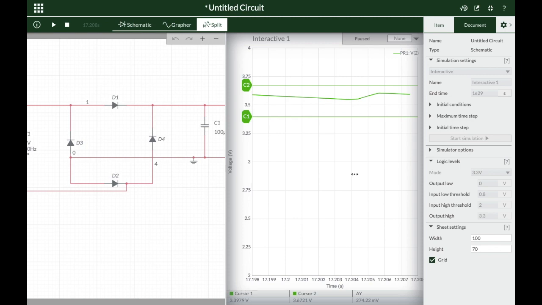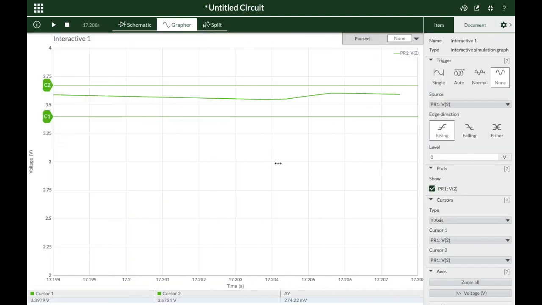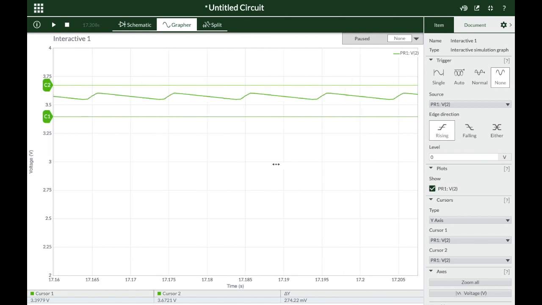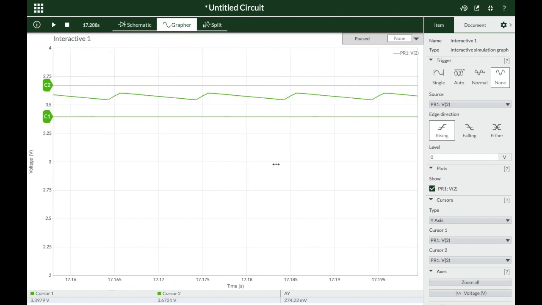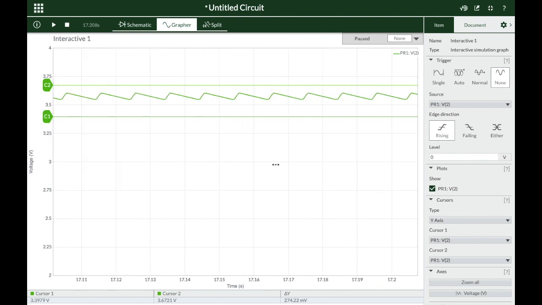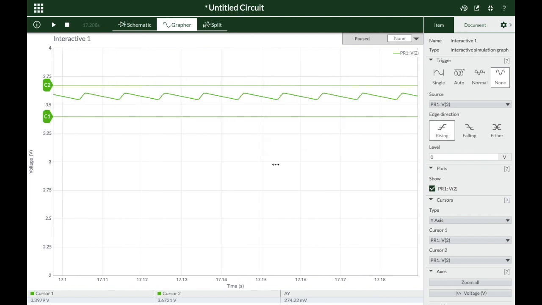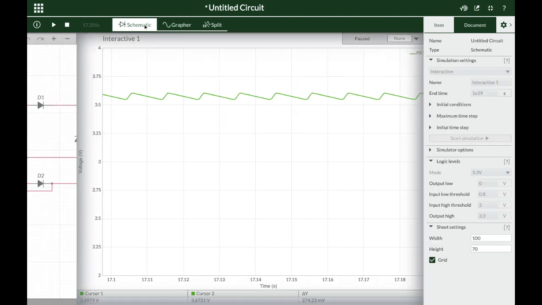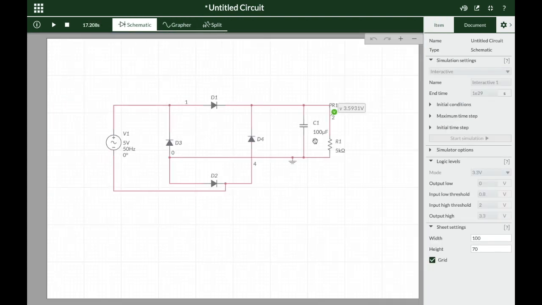Right? Now we have reduced the peak to peak of ripple. I have brought them closer by changing the scale on the time axis. Now you can see it clearly. So this is how we can select the value of the capacitor knowing the frequency of the input signal.